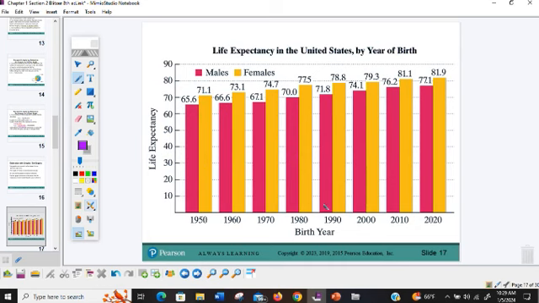The years over here are your life expectancy, and this is the year of your birth. You can see that it's increasing. If you look at females in 1950, it was 71.1, but in 2020, it's 81.9.